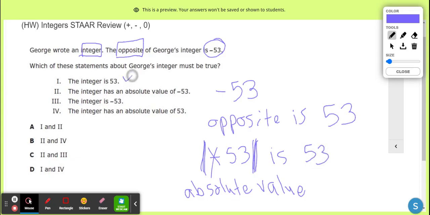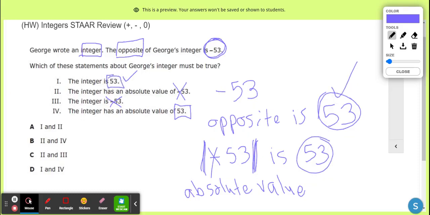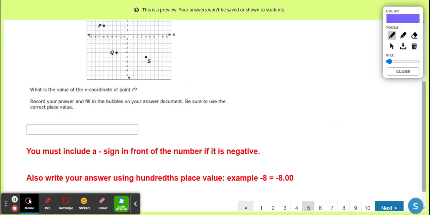So the integer is 53. The integer has an absolute value of -53? No, absolute value is never negative. The integer is -53? No, that's the same thing. The integer has an absolute value of 53. So the integer is 53 and the absolute value is 53. Those two are correct.